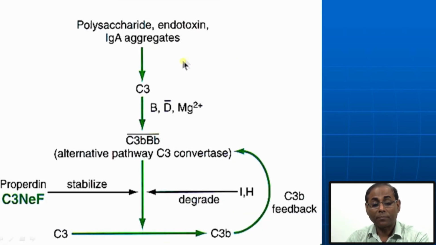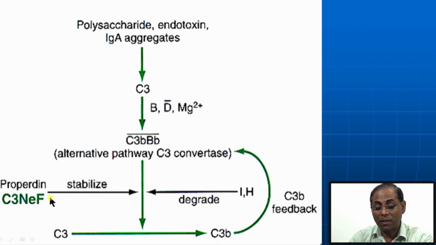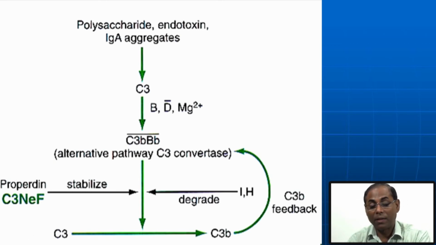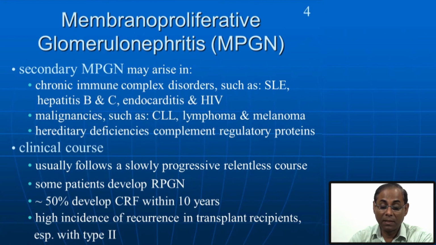Pathogenesis-wise, there may be C3 activation associated with alternative complement pathway C3 convertase stabilization, which is associated with the presence of C3 nephritic factor, and this leads to abnormality with basement membrane thickening and mesangial cell interposition.